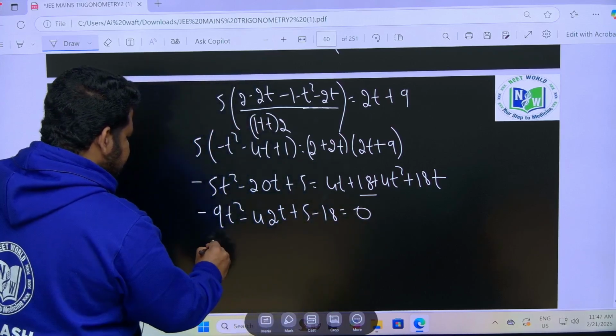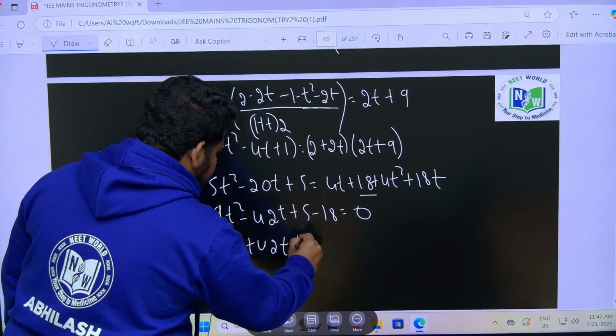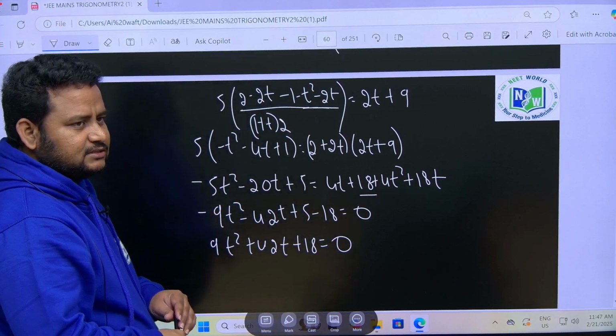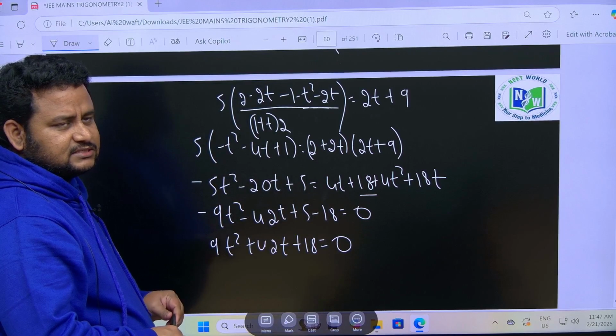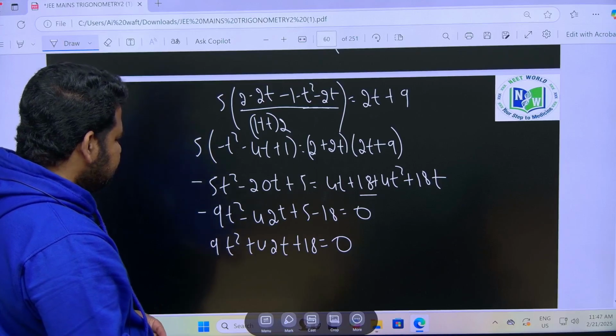So finally you will get 9t square plus 42t plus 18 is equal to 0. Now 18 9s is how much? 18 10s is 180, 18 9s is 162. 162 you have to get by 42.